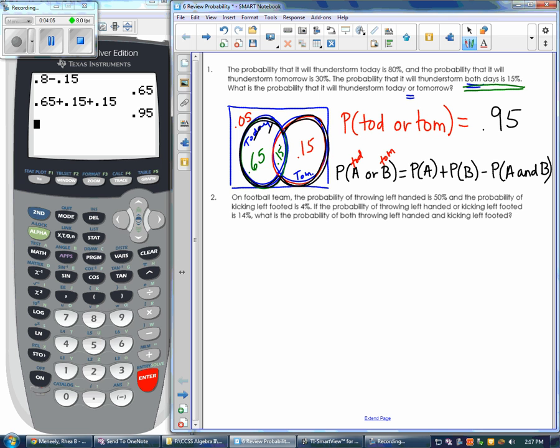I know the probability that it'll thunderstorm today is 80%, and tomorrow is 30%.